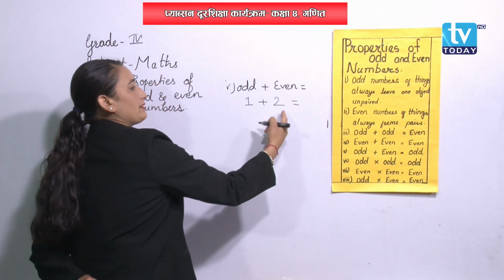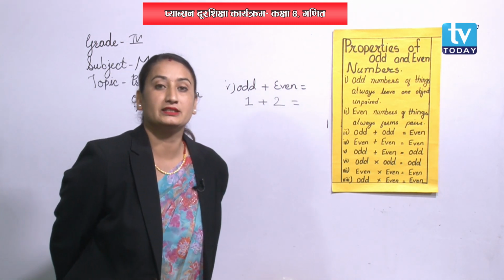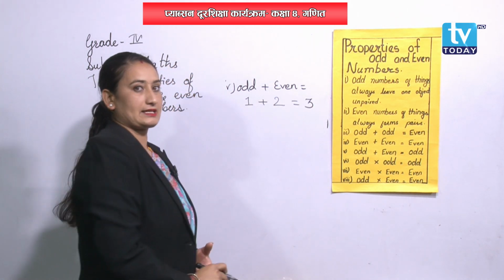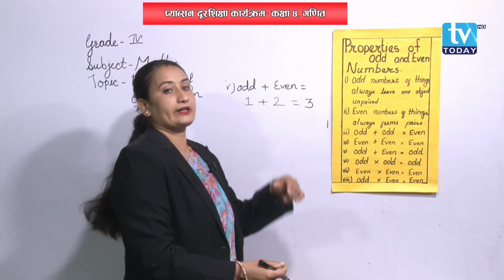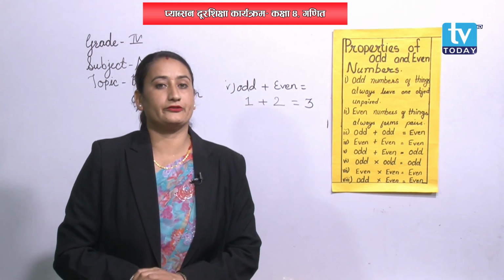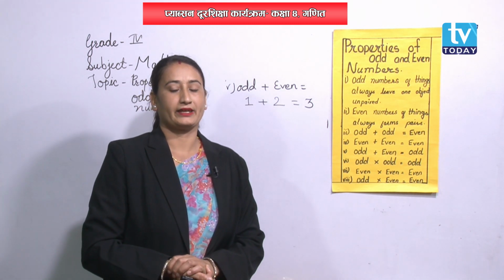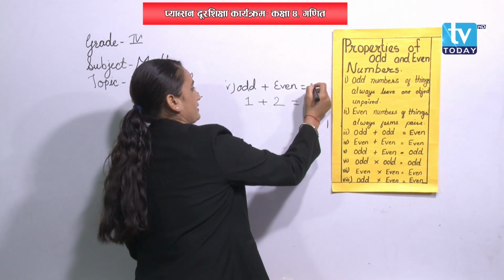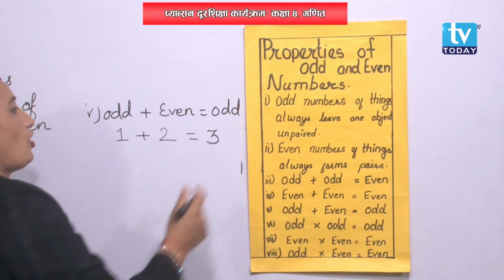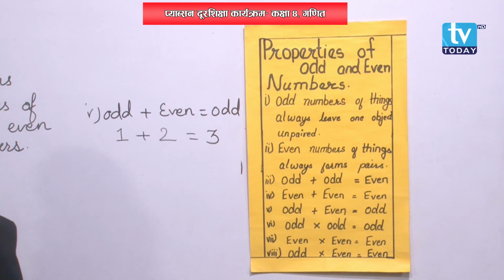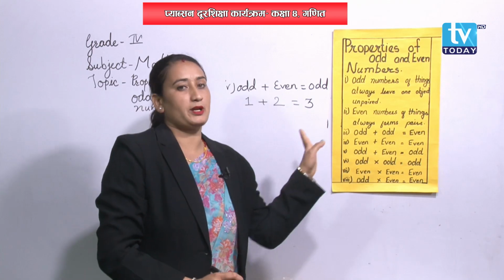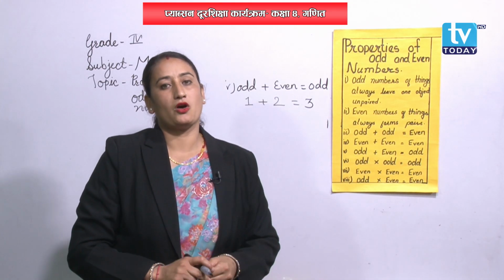If I add 1 plus 2, it gives 3, right? Yes. Now tell me students, is 3 an odd or even number? Yeah, 3 is an odd number. So if we add odd and even number, we get 3 as an odd number, right? Odd plus even is odd.